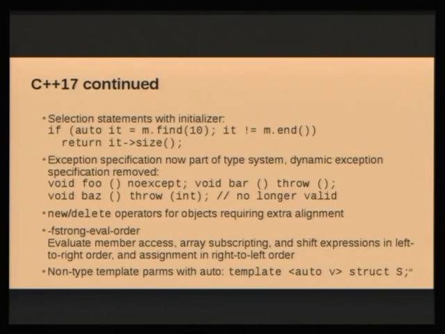And at runtime, there would be checking whether, if you throw some exception, the exception matches the dynamic specification, and if not, your program would be terminated. So you can't write this anymore.